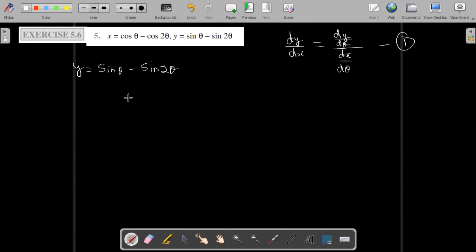We can separately find out dy by d theta. Differentiating with respect to theta, we get dy by d theta is equal to d by d theta of this. Because of the minus, d by d theta will go inside. So d by d theta of sin theta minus d by d theta of sin 2 theta.